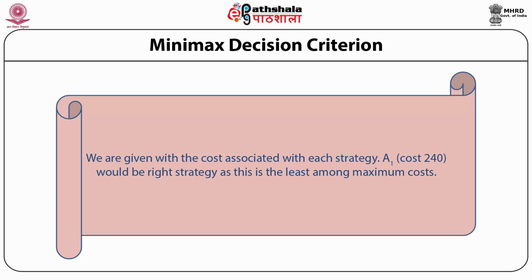So as per the Minimax decision criterion, we will select alternative A1 because it is minimizing the cost out of the maximum. It is a reasonably good criterion, but usually adopted by the pessimistic decision makers.